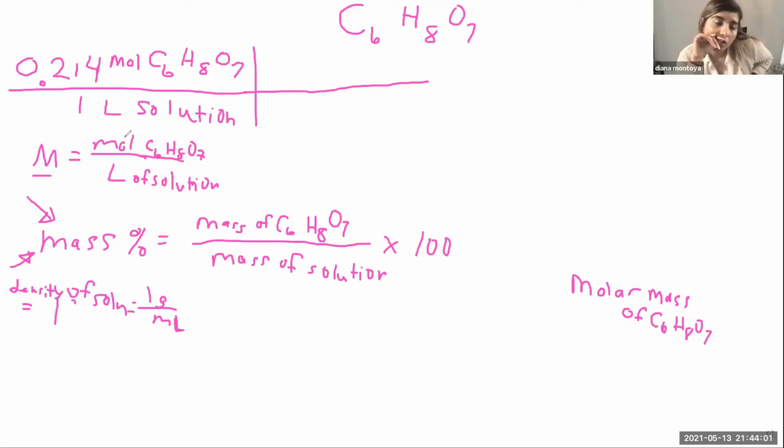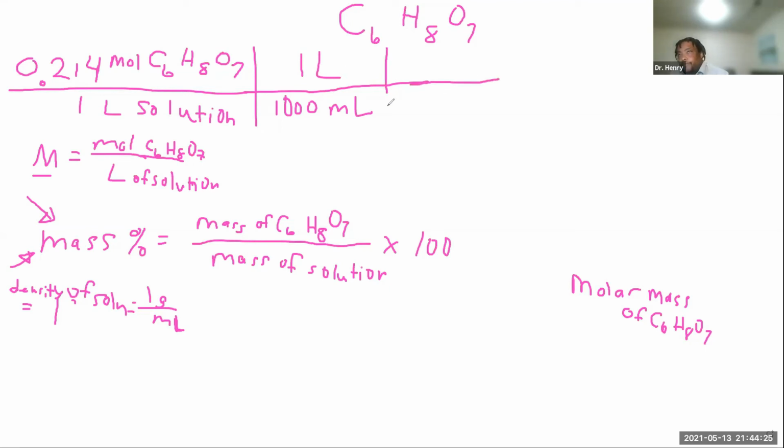So I need to change my liters to milliliters. How many milliliters are in a liter? 1,000. Okay, so I'm going to put 1,000 milliliters here and 1 liter. Then I can use the density. So what is my density? 1 gram per milliliter.